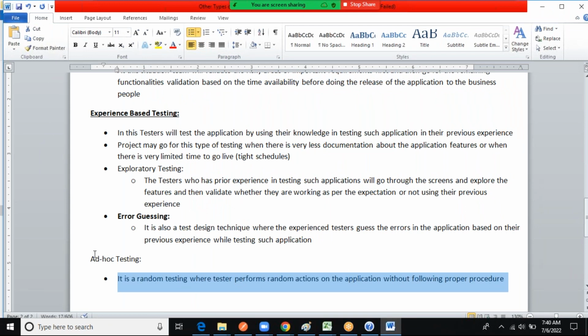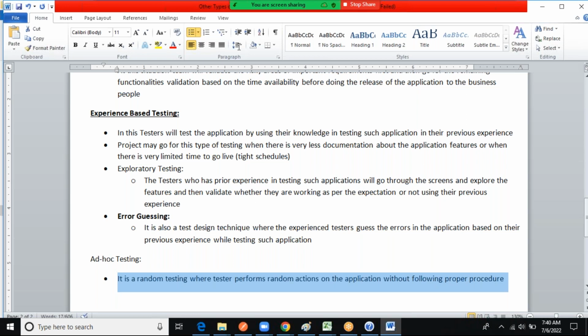What I mentioned there: if you are done with your formal test execution and all the scenarios you identified, and you have enough time to do the release, instead of closing your testing early, you can do a kind of random testing. I said you can randomly test the application. I said, what does it mean?